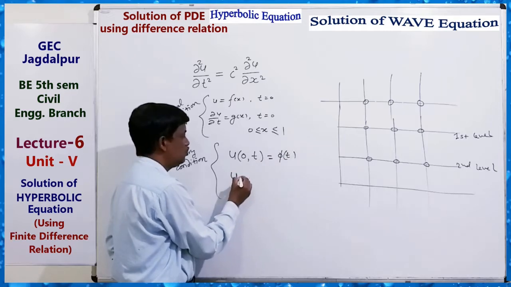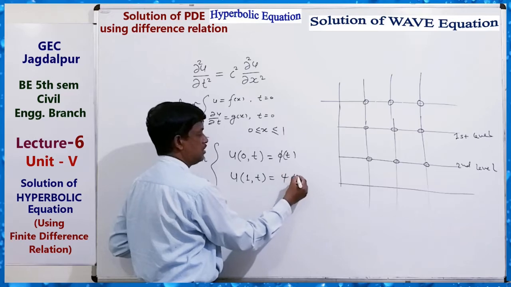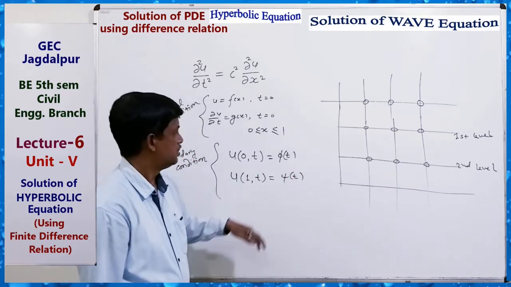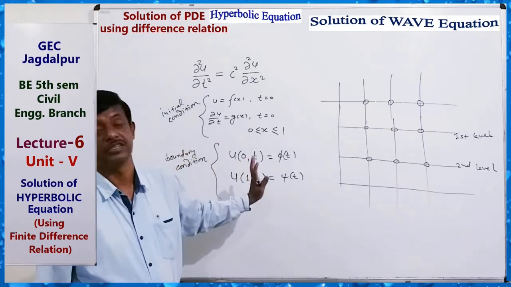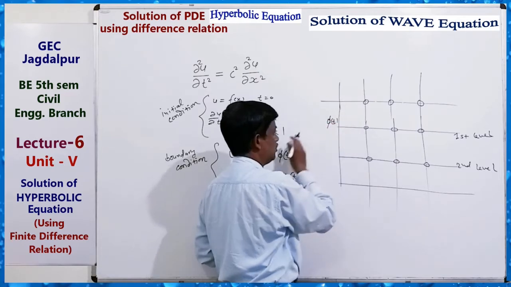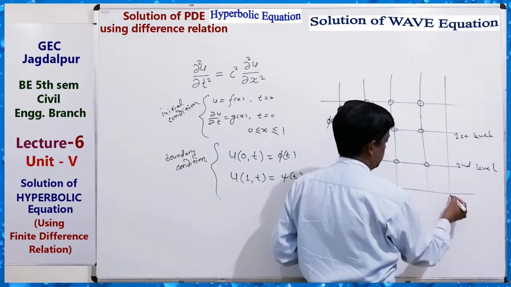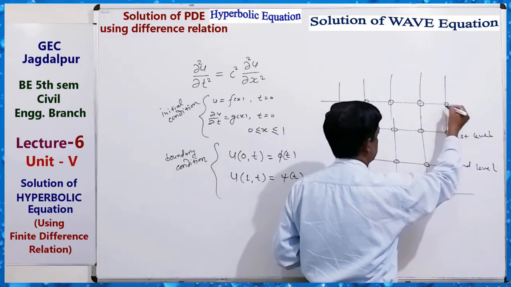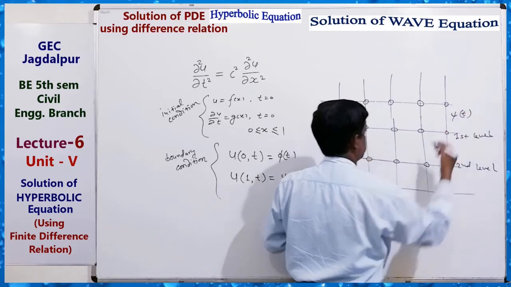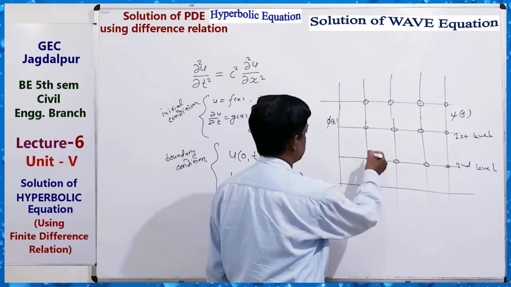Here u(1,t) is equal to, suppose, psi(t), whose value will also be in terms of t. So this is the boundary condition. If this is one boundary, then this is phi(t), and this is psi(t). So these are the mesh points.